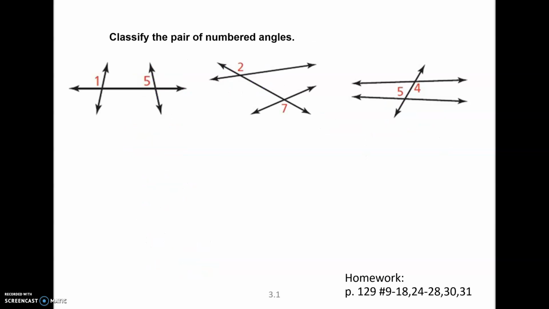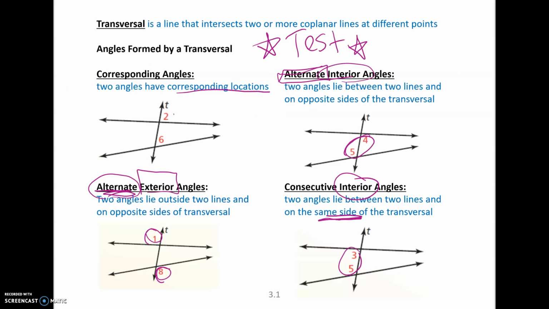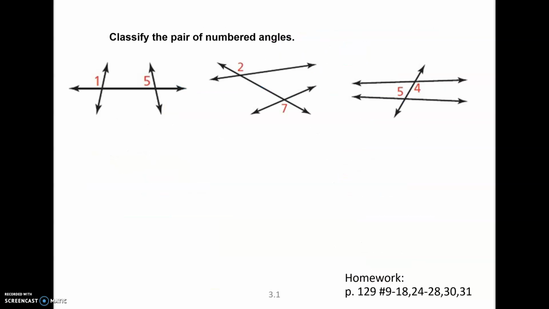Now I've got to classify the pair of numbered angles. I just want to know, out of these 4 types of angles, corresponding, alternate interior, alternate exterior, consecutive interior, which kind I have in these pictures. My first one, 1 and 5 are in the same location, top left, top left. So this is corresponding angles.